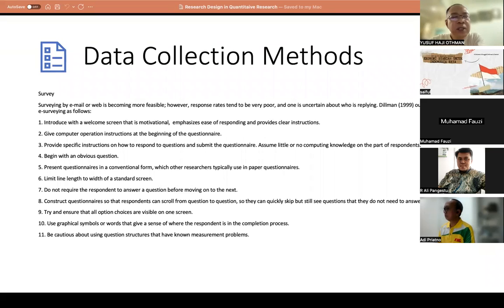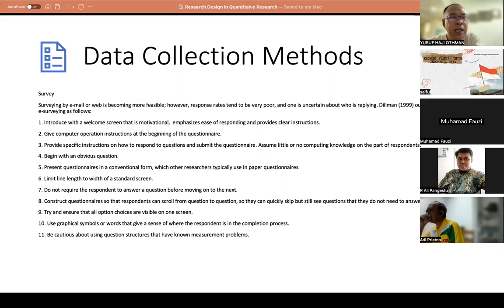Provide specific instructions on how to respond to questions and how to submit the questionnaire. Begin with an obvious question. Present questionnaires in a conventional form, which other researchers typically use in other research questionnaires.